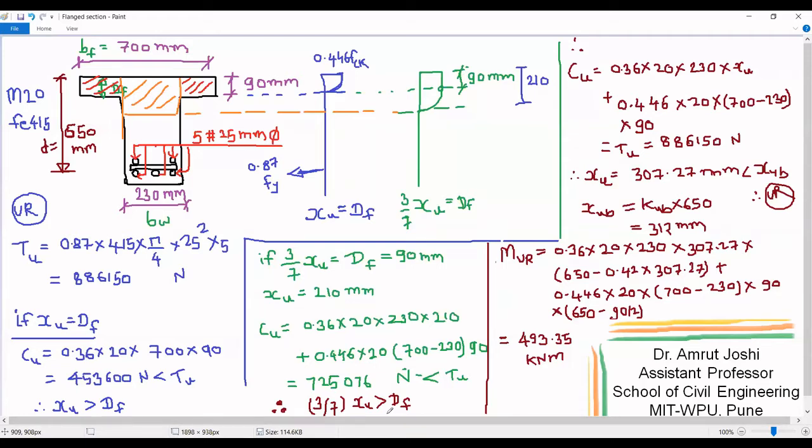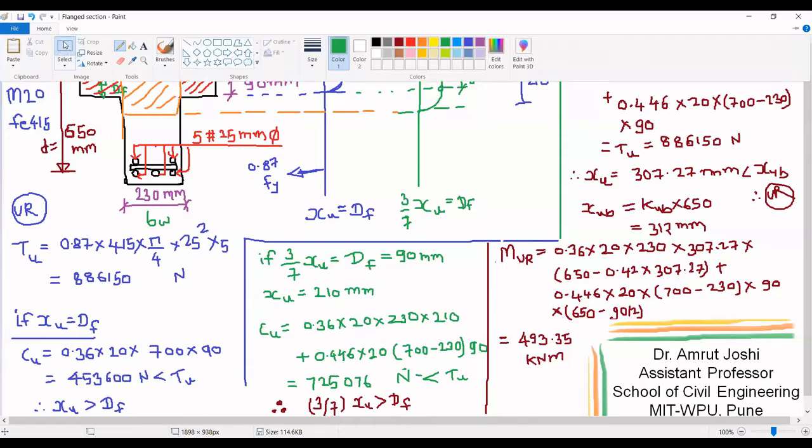And then we would have done the calculations in accordance with the steps shown in the previous video. As this Cu is less than Tu, we have the conclusion that 3 by 7 Xu must be greater than Df. So now let us make the assumption that 3 by 7 Xu is greater than Df.